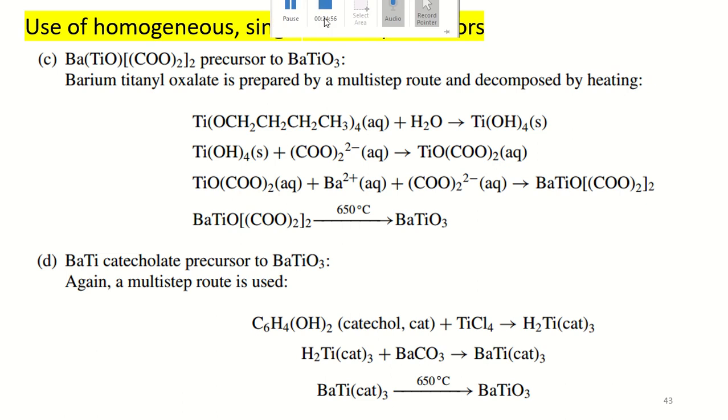After the multi-step preparation of this barium titanyl oxalate, we need a firing temperature of 650 degrees Celsius for the conversion into barium titanate, BaTiO3. The barium titanyl citrate is another precursor to BaTiO3. Again, a multi-step route is used, and a similar temperature is needed for the synthesis of BaTiO3.